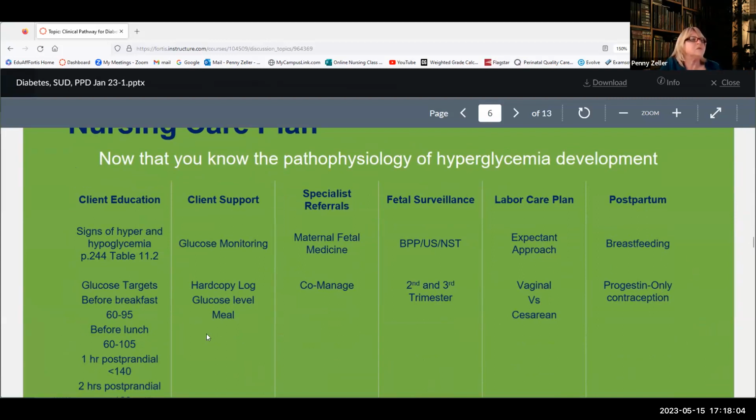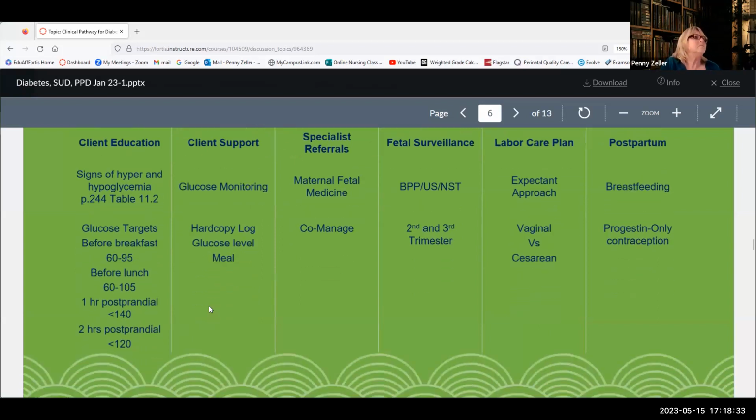And then supporting her by monitoring, educating her about her glucose levels, and referral to high risk to co-manage, and then fetal surveillance in that last trimester: BPP, ultrasounds, and non-stress tests. What's the plan for labor? And then postpartum, important concepts in breastfeeding.